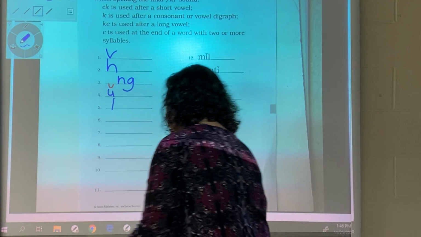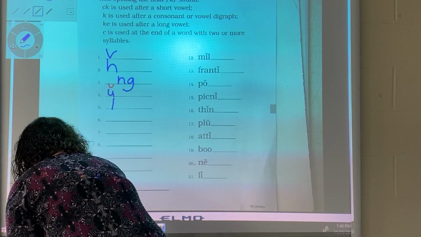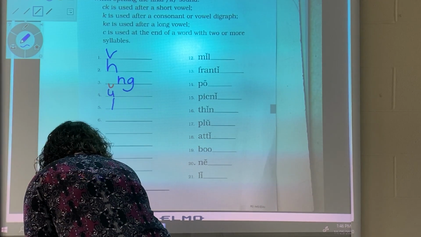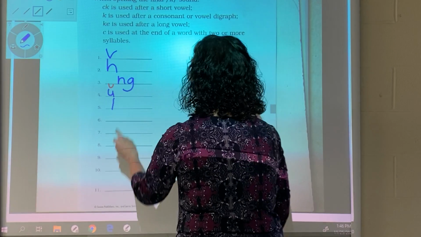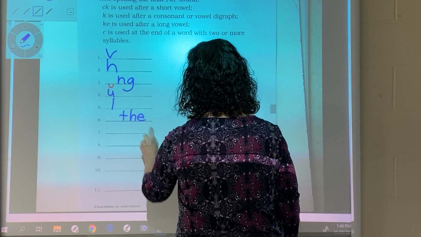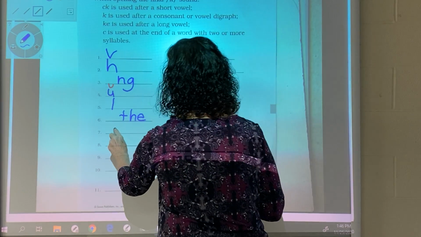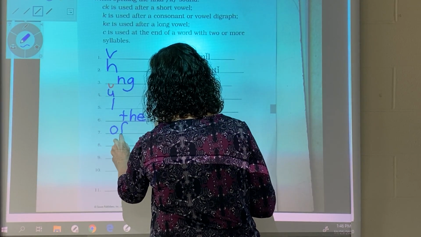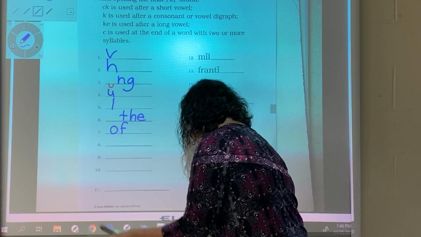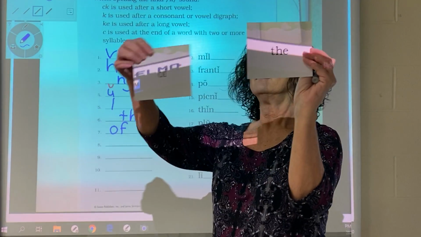And then today we are also going to write some sight words. We're going to write the sight word the and the sight word of, because these are hard to spell words. Sight words the, of.